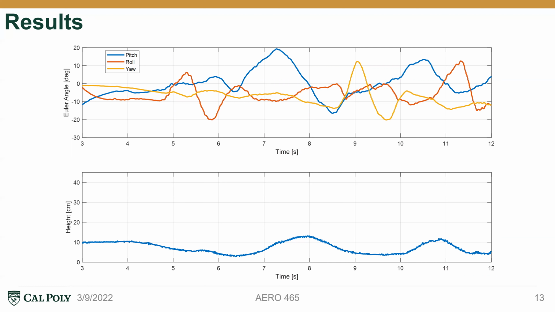Building upon this project, we could apply a higher-end ultrasonic sensor if we're flying higher, or we can apply a Kalman filter to our angles or heights to filter out noise from the environment and get more consistent data.